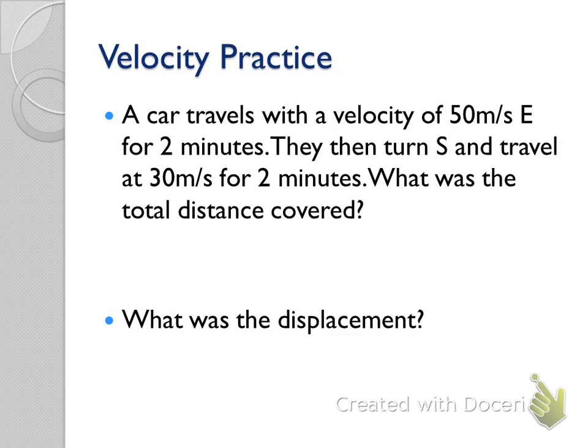Sorry, I went backwards. Now I want you to find the displacement. We know how many meters south they traveled and we know how many meters east they traveled. So you're going to draw that diagram yourself. We went east for 6,000, and then we went south for 3,600. Do we know where these numbers are coming from and why I'm drawing the diagram the way I am? Adding them tail to tip.